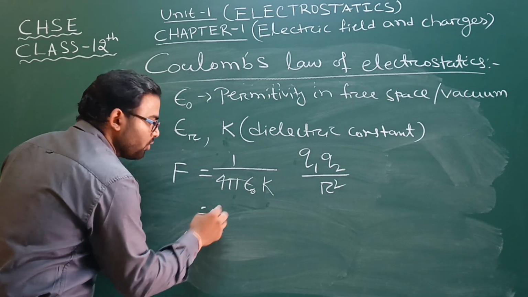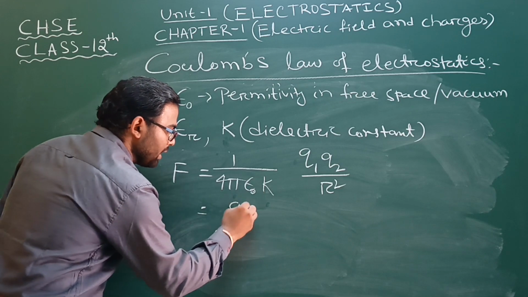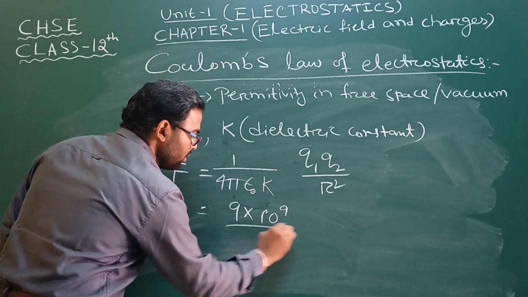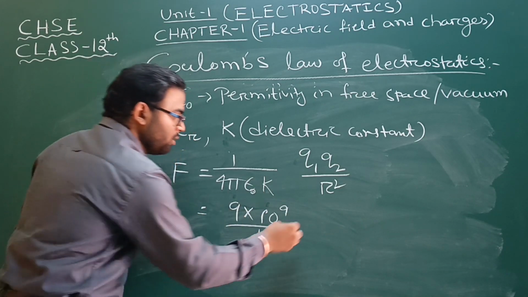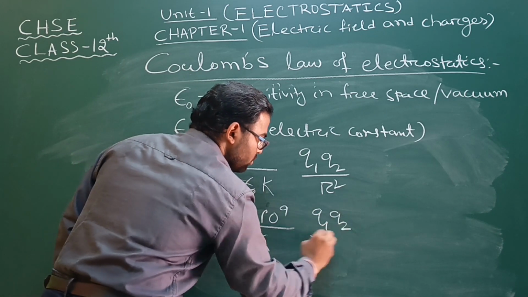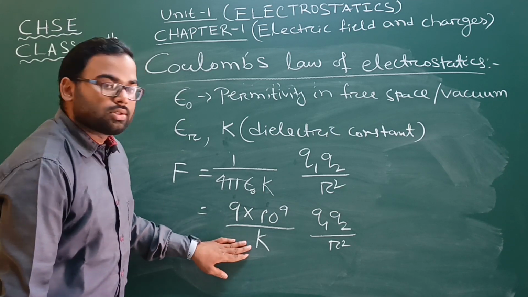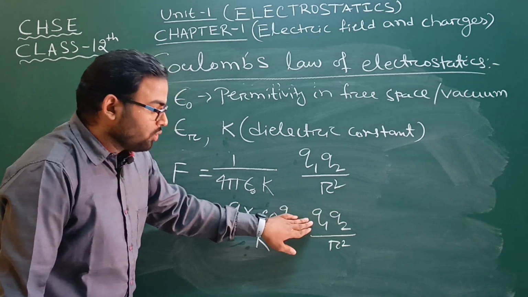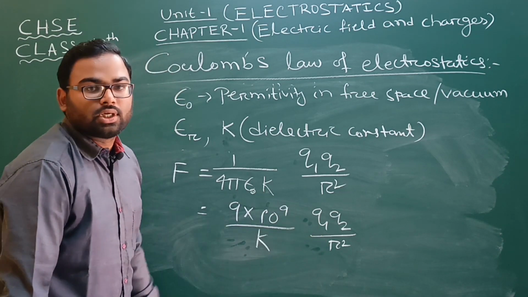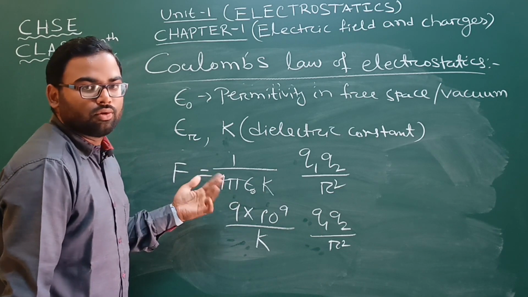Then put the value of 1 by 4 pi epsilon naught, 9 into 10 to the power 9, whole divided by k, into q1 q2 by r square. If the dielectric constant, q1, q2 and r square values are given, then we can calculate Coulomb's force.